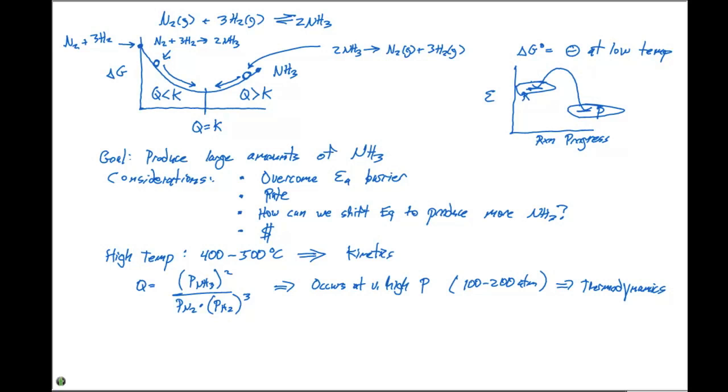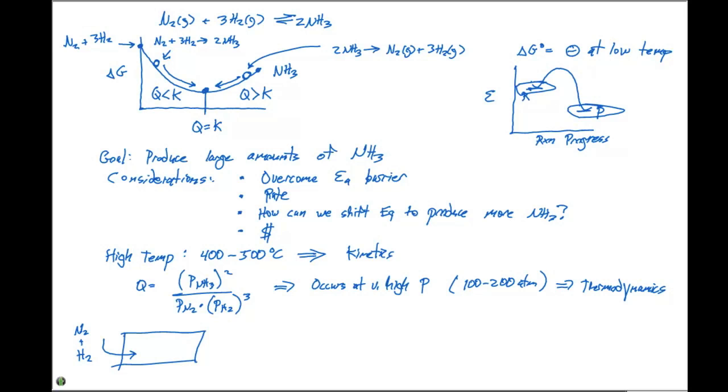One other thing that happens during this process, so basically let's just say we take this big huge vessel right here, and we're going to pump in nitrogen gas and hydrogen gas. And as we pump that in, our system is going to reach equilibrium down here.